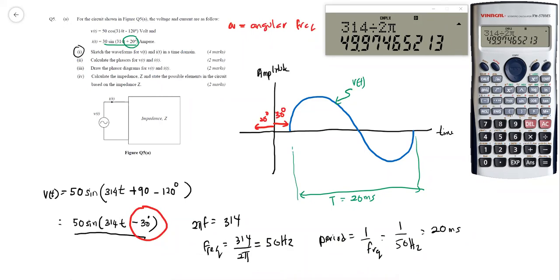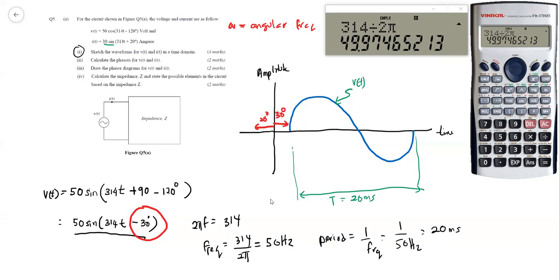The frequency is the same, 50 hertz, meaning that your period is also the same, which is 20 millisecond. The only difference is the magnitude and the phase. This one is negative 30, delayed by 30 degrees, and your current is leading by 20.